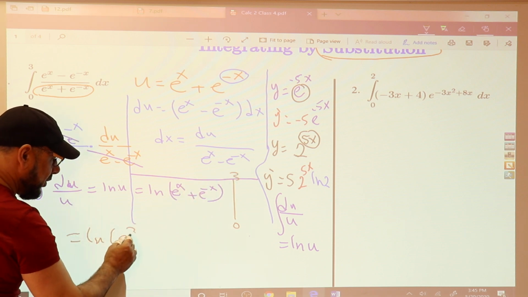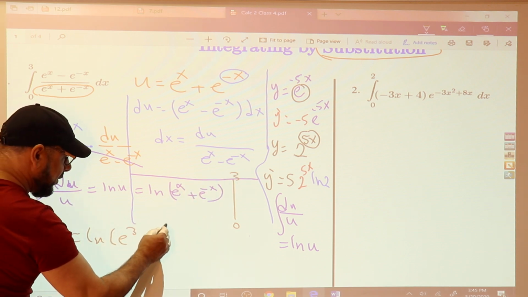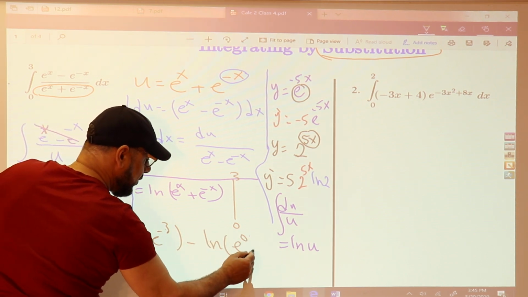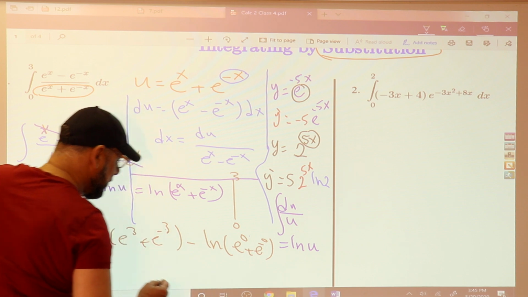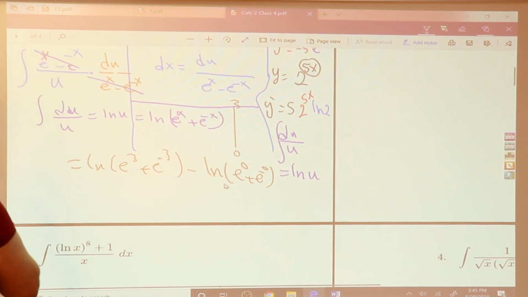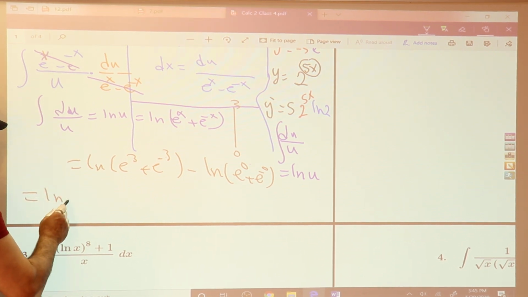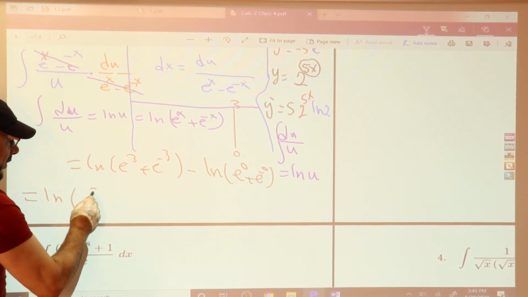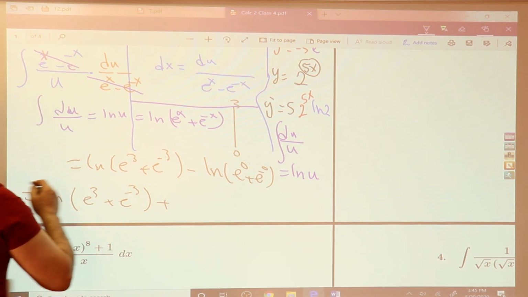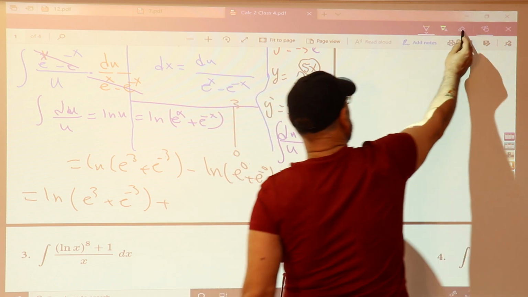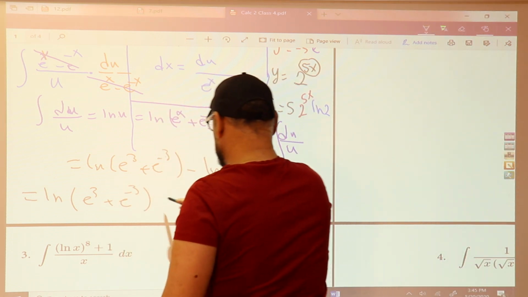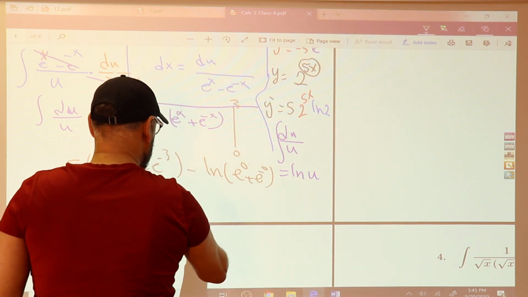Start with the top value 3: ln of e to the 3 plus e to the negative 3, minus ln of e to the 0 plus e to the negative 0. That equals ln of e to the 3, which I will leave, plus e to the negative 3, minus ln 2.